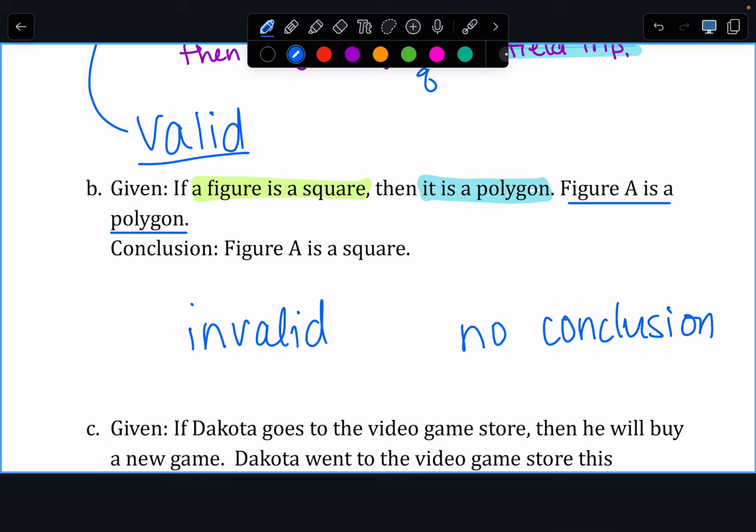Okay, if I ask you, hey, what is the conclusion? You would say there is none because it doesn't work.